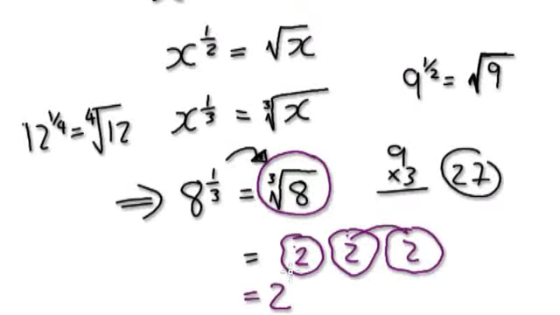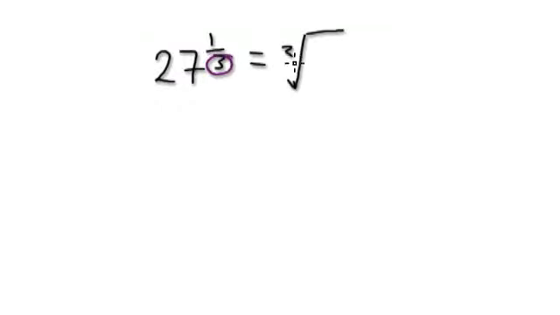Let me give you another example here. Let's say 27 to the power of a third. To the power of a third is hard to understand, so jump to the cube root of 27.